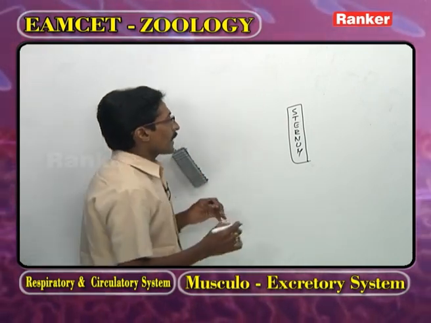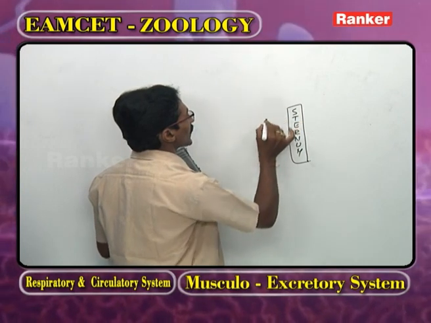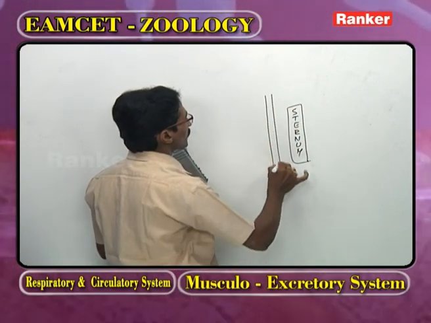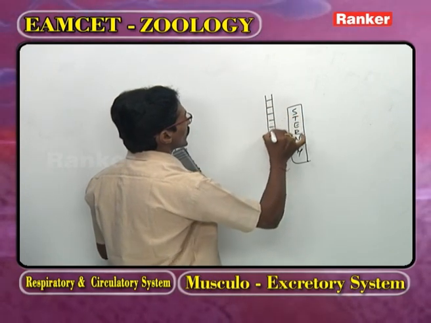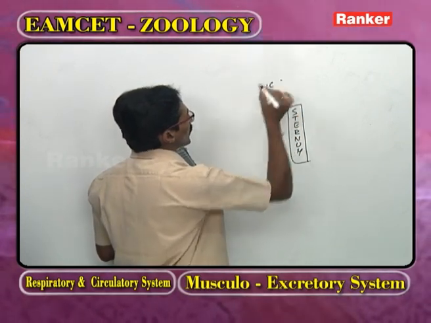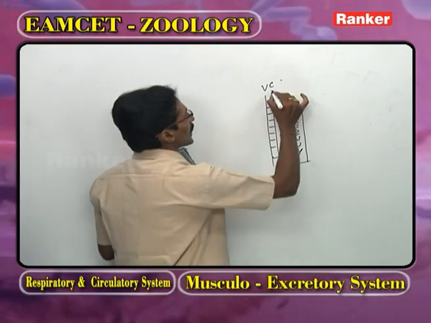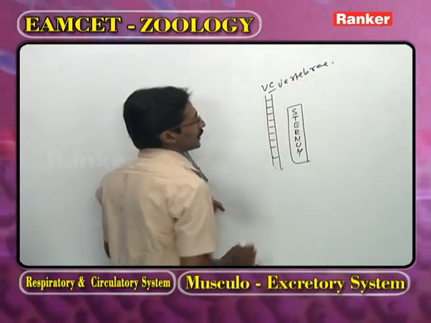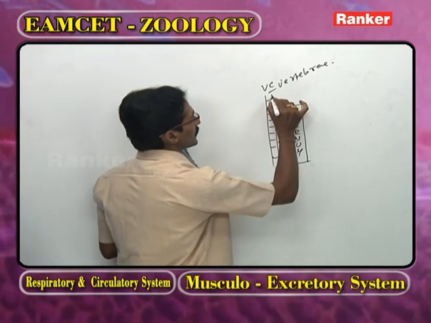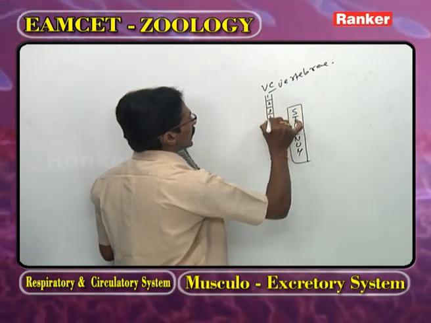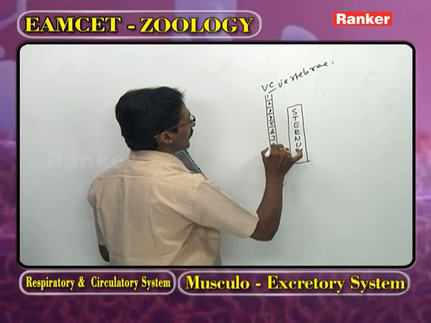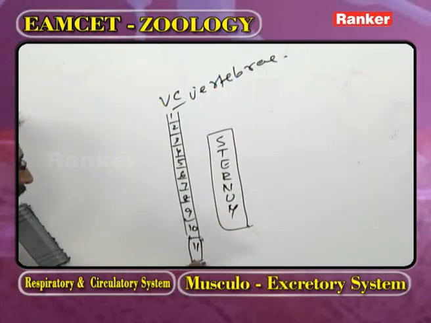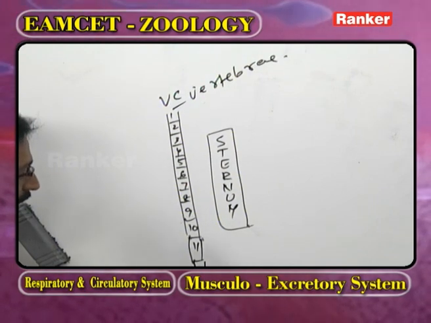Now, as we observe the vertebral column, the vertebral column has the vertebrae. As we observe, first, second, third, fourth, fifth, sixth, seventh, eighth, ninth, 10th, 11th, 12th, and 13th.